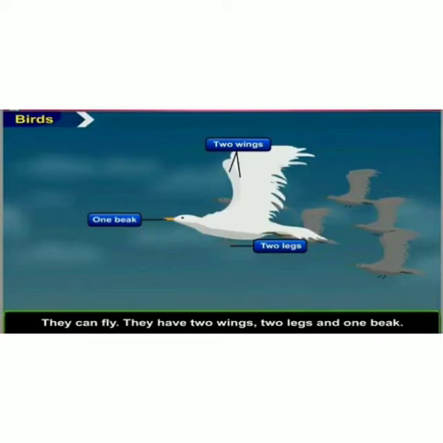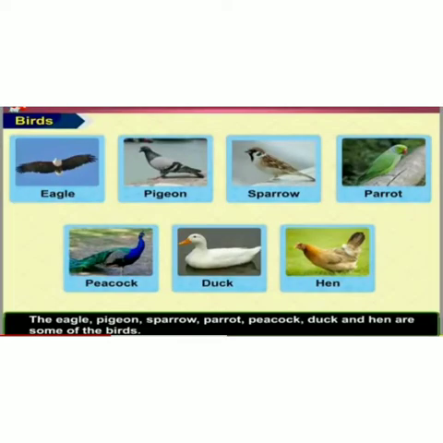Depending upon their eating habits, birds have different types of beaks and different toes with claws. See here, eagle, pigeon, sparrow, parrot, peacock, duck, and hen are some of the birds.